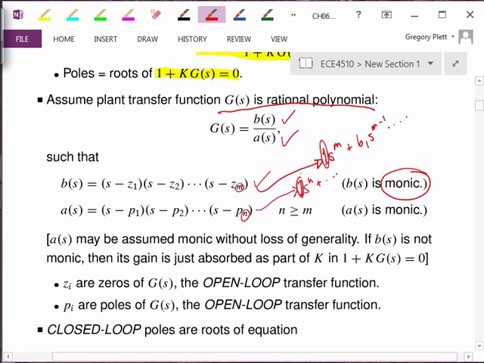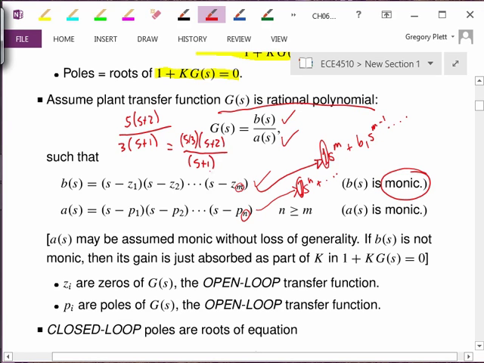So is this a limitation? Well, if I had, say, 5 times s plus 2 over 3 times s plus 1, neither one of those is monic. But I can always make one of them monic by absorbing the constant into the other. So I could say that's 5/3 times s plus 2 over s plus 1.